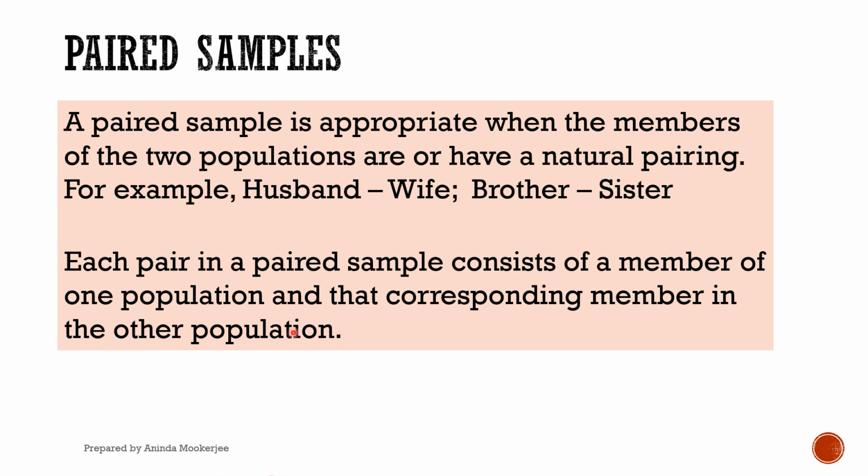That's what I was just telling you: if you choose a person who's a husband in population 1, you have to make sure that his wife is also included in sample 2. So that's what paired samples is about. Paired samples is not necessarily just between people. It can be between other items too, animate or inanimate items as well.